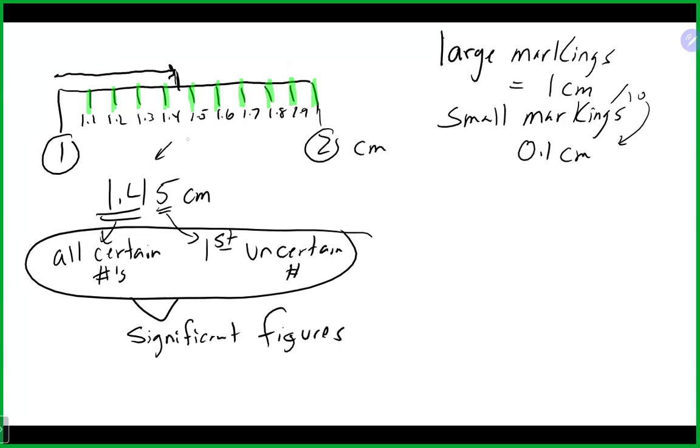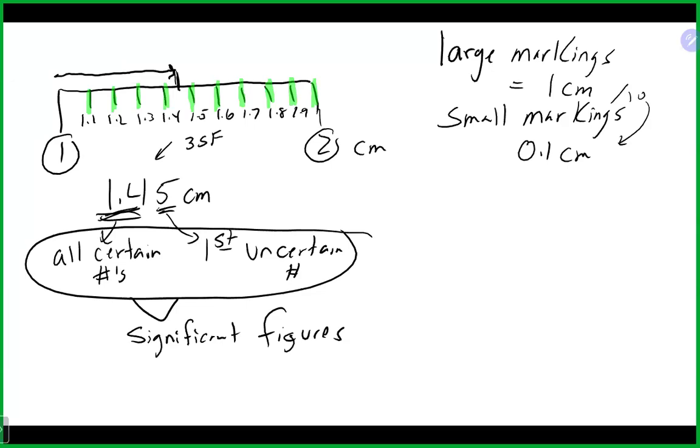This would have 3 significant figures. All the certain numbers plus the first uncertain number. So every one of these numbers here would be a significant figure. Now, it does depend, obviously, on the piece of equipment you're using as to how far you take the reading to or what it represents.